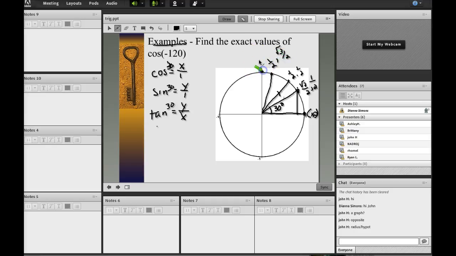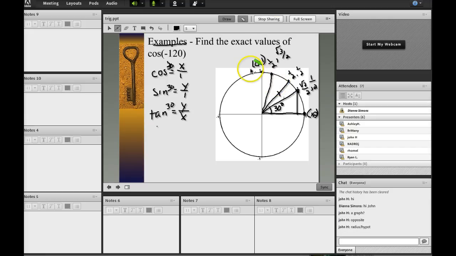This point up here is what? What is my x coordinate right here? 0, 1. My x coordinate is 0, my y coordinate is 1, right?